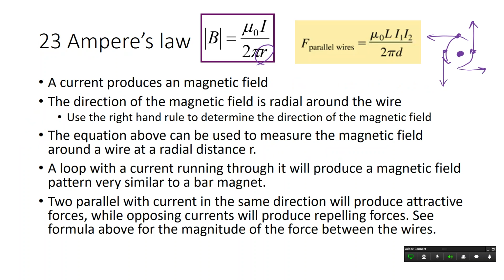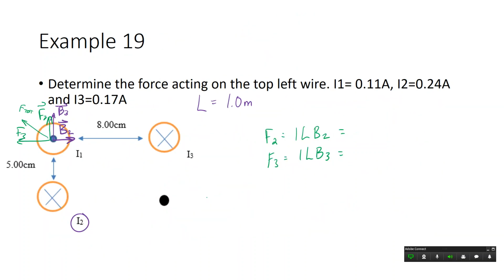F2 is going to be mu naught L I1 I2 over 2 pi d. And this one is going to be mu naught L times I1 times I3 over 2 pi d.